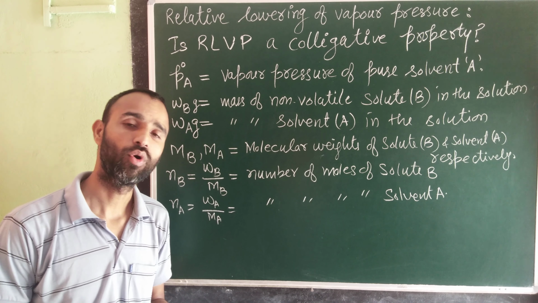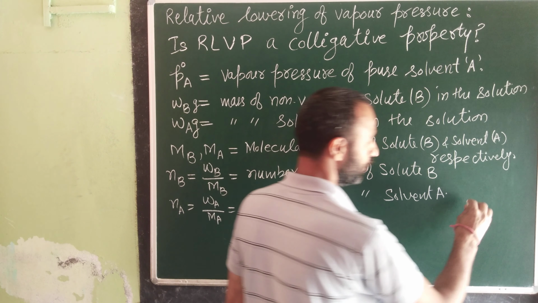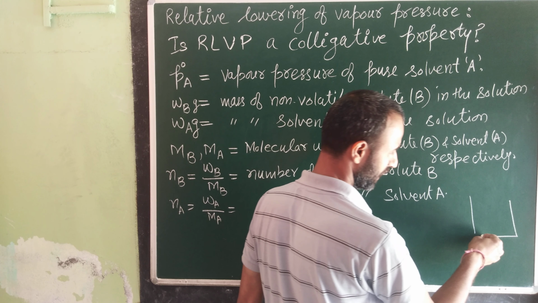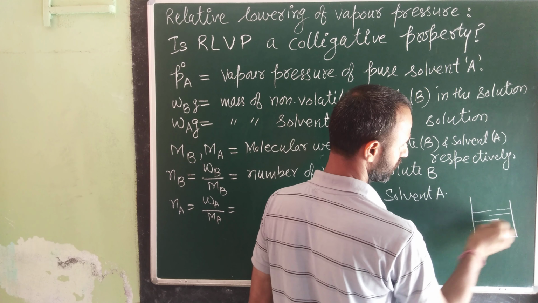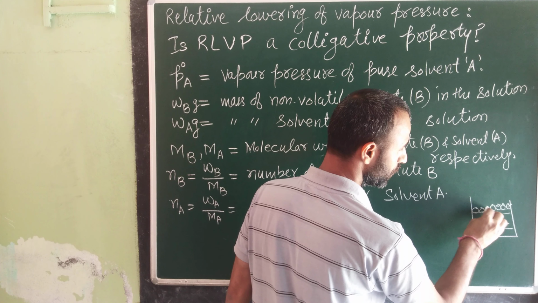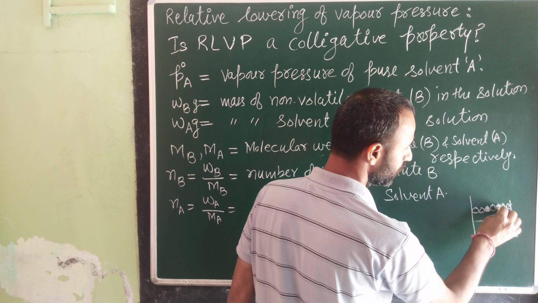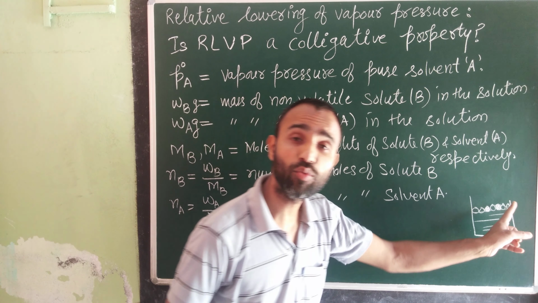Vapor pressure of the solvent decreases, because we have already explained it, that let us take this as pure solvent. So pure solvent, all the surface is occupied by the volatile components, and that's why vapor pressure is P naught A, right? When solute is added, few positions are occupied by solute, and solute is non-volatile.